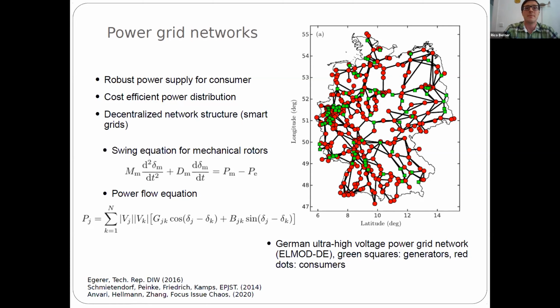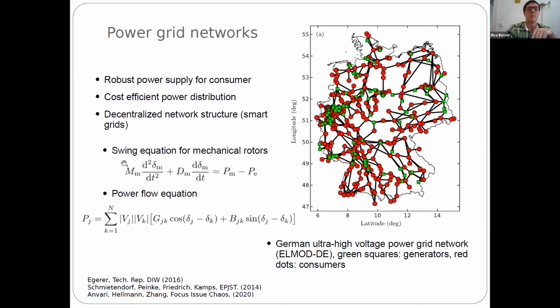distributed on the map. Two basic equations which lead us to the dynamics, or the model of such systems, is the swing equation, which models the individual generator or consumer just by a rotor. So we have a rotor, and the rotor angle is given by this delta here.